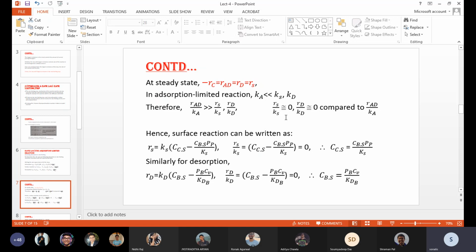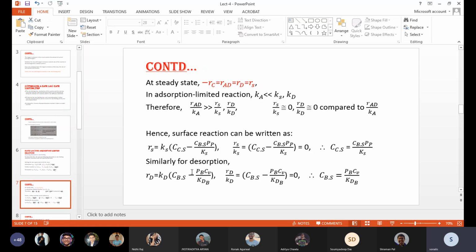Always remember, the rate cannot be 0, because if the rates are 0, then obviously the total rate will be 0. It cannot be. So Rs by Ks is equal to 0. If it is so, then CCS is equal to CBS PP by Ks.